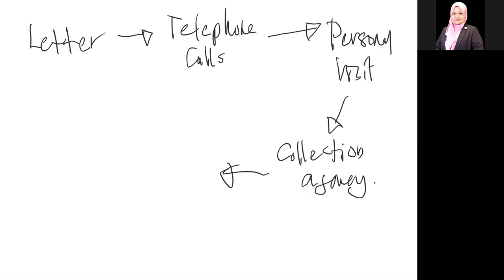Right, so the last part is legal action. This will affect the good name of the client when legal action is taken. All right, so these are the collection policy.